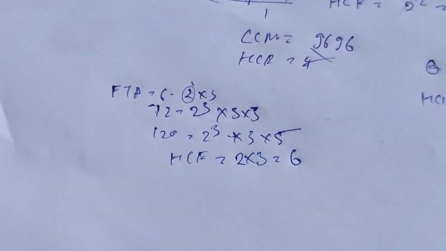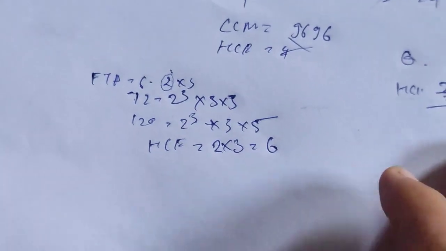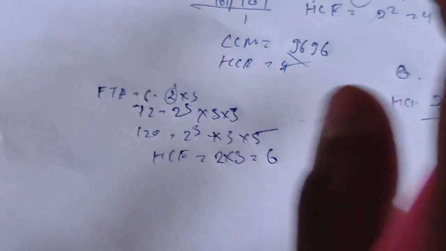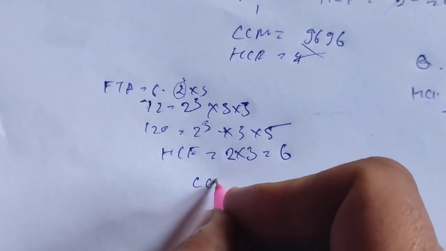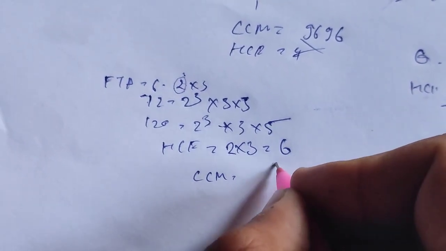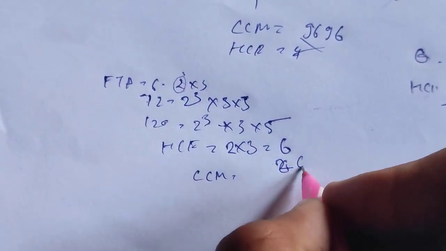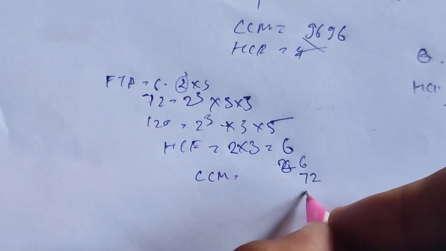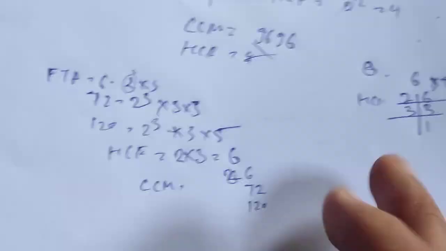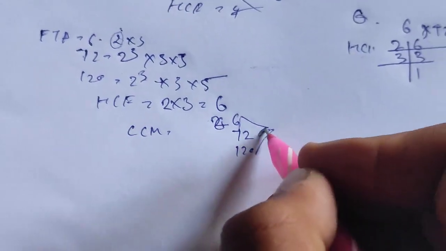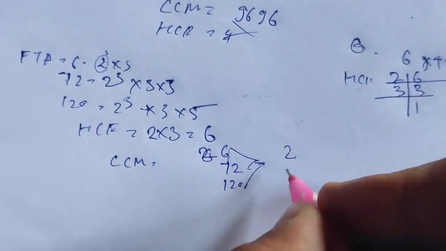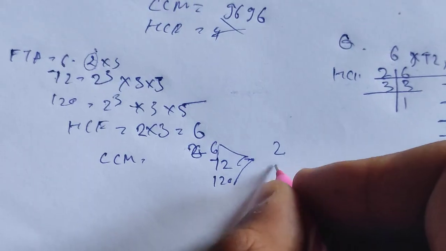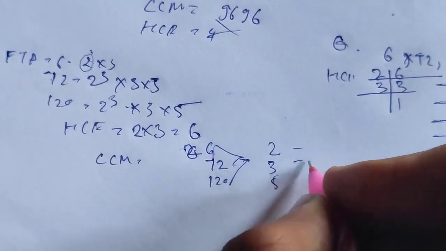So 6 is our HCF. Because there are three numbers, we can't use the previous method, so for the LCM we use a trick. First we write 6, then 72, then 120. Our factorization takes each prime, 2, 3 and 5, with its highest power.